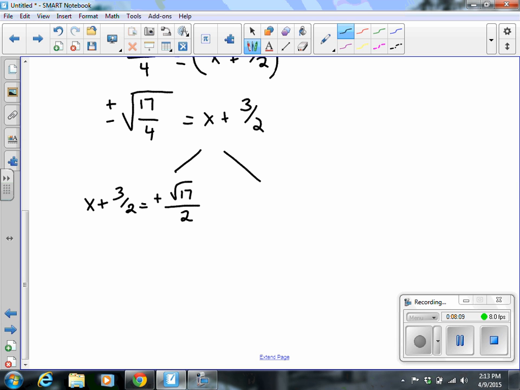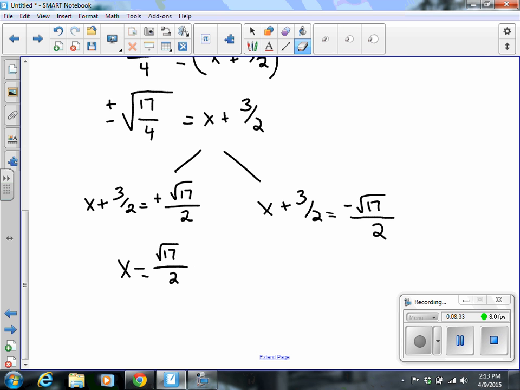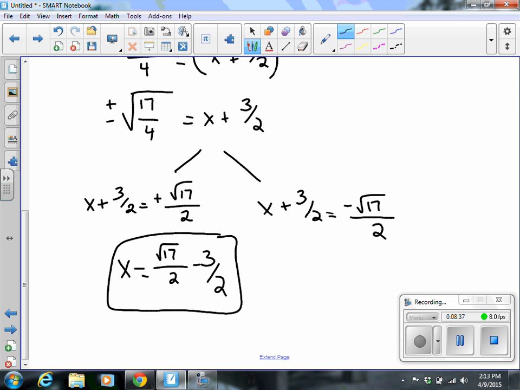Some of you are probably wondering where I got the square root 17 over 2. What is the square root of 4? That's 2. That's why I got rid of it. And then I have x plus 3 halves equals negative square root 17 over 2. I'm going to subtract off the 3 halves and work on the right side here.